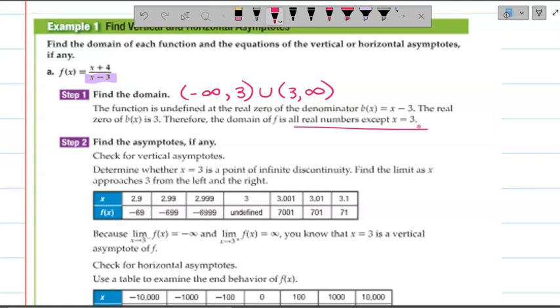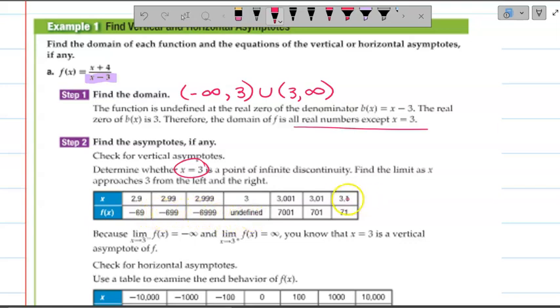That's fine too. Okay, asymptotes. Vertical asymptotes happen when we have a domain restriction. So in the past, in Algebra 2, we would just say we have a vertical asymptote of x equals 3. You can also see here, looking at this chart, as we approach 3 from the left, we're getting closer and closer to negative infinity.